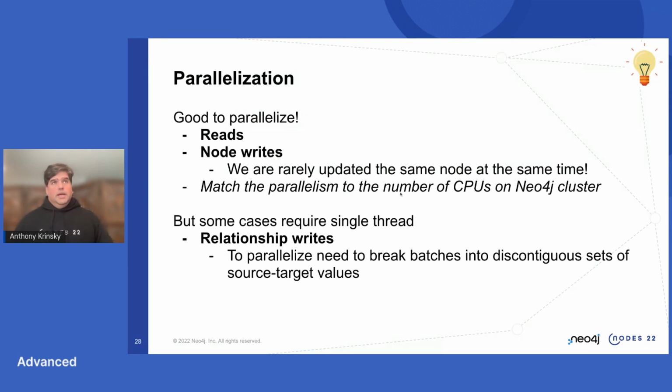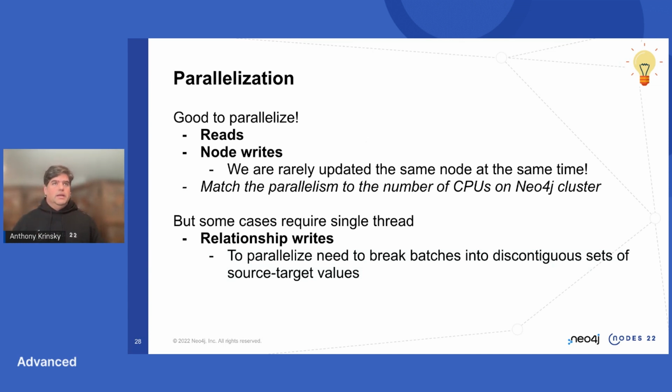In terms of parallelization, I've talked about the need when you're updating Neo4j to orchestrate, and that is because we're not committing siloed individual pieces of data into Neo4j unless we're creating, say, a new node. Our data is stored in a connected fashion. So you can parallelize reads, all good, parallelize node writes, all good.